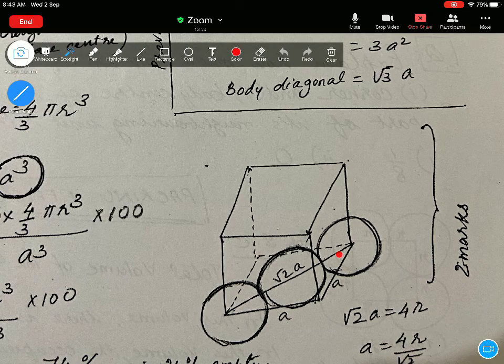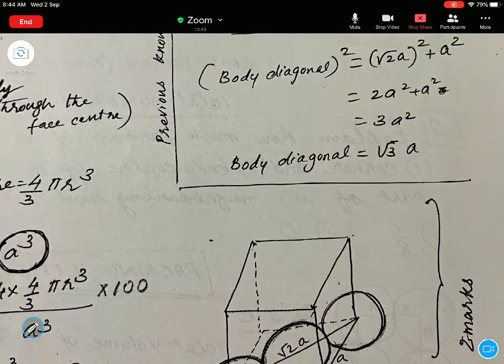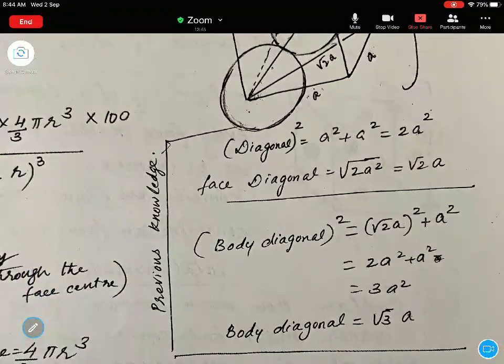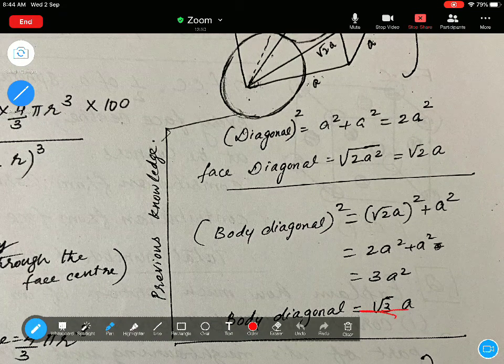So these are the relations between a and r in the case of a simple cube, BCC and FCC. Root 2a is equal to 4r. In the previous case, the body diagonal, that is root 3a, is equal to 4r.